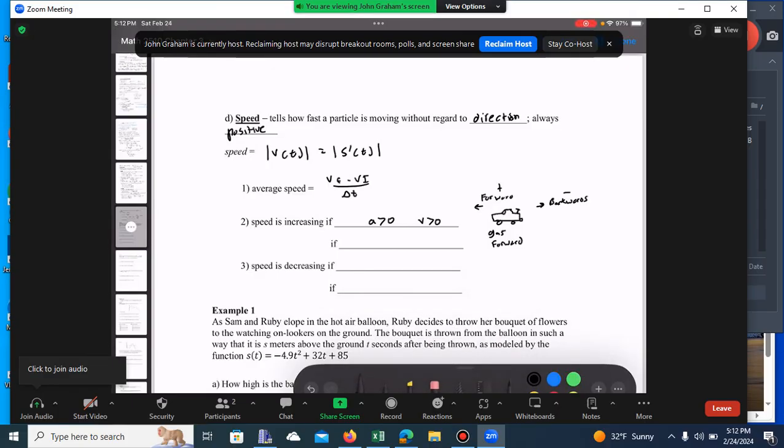You can also be going backwards, which means maybe you're pressing the gas and going backwards.